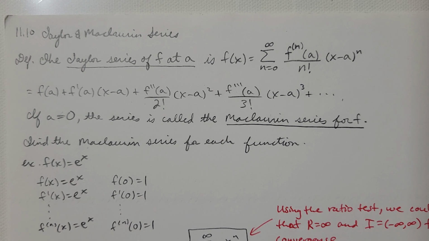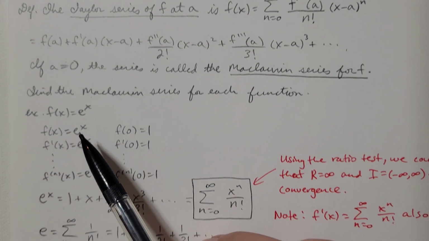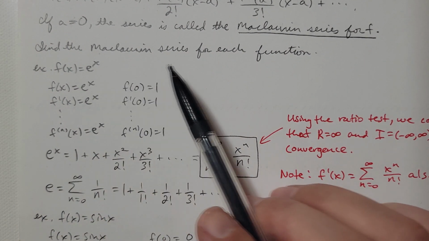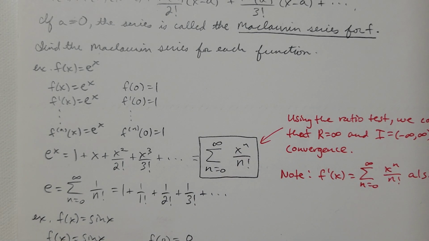And by the way, it's going to be most convenient for us to center it at 0, just for the formulas that we end up getting there. All right, so let's take a look at these problems here. We're going to find the Maclaurin series for each function.